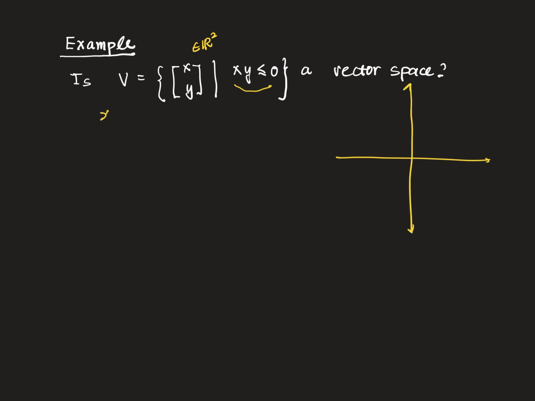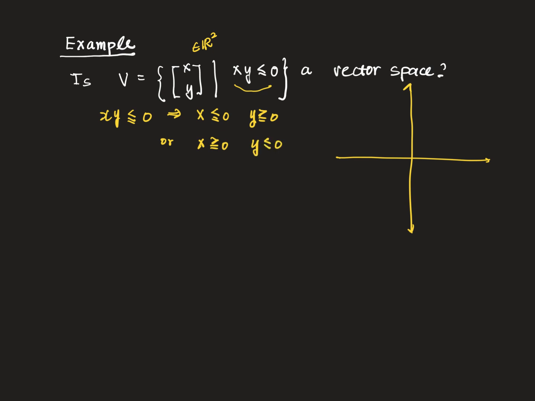Xy less than or equal to 0 means the signs of x and y should be different. The first condition is x less than or equal to 0 and y greater than or equal to 0, or x greater than or equal to 0 and y less than or equal to 0, guys.